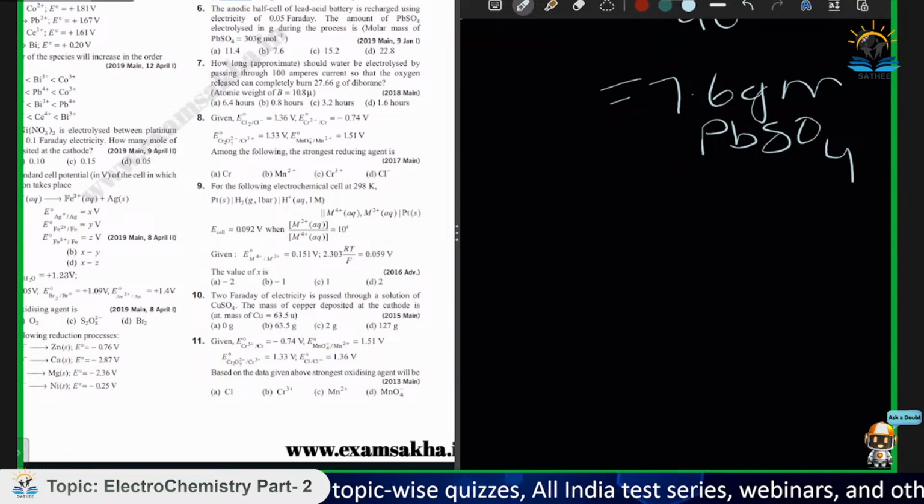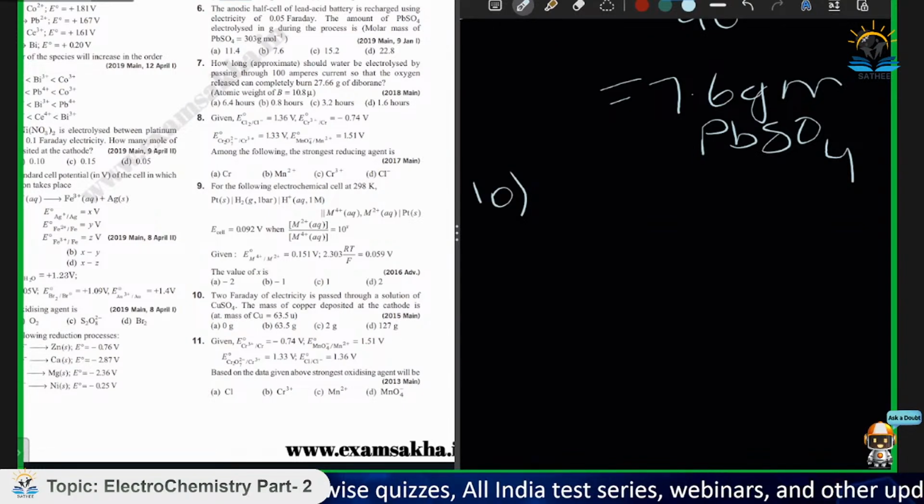10th question. 2 Faraday of electricity is passed through a solution of CuSO4. The mass of copper deposited at the cathode is... 2 Faraday.